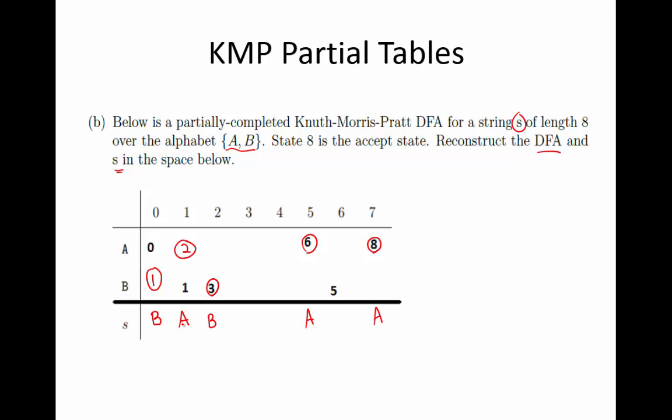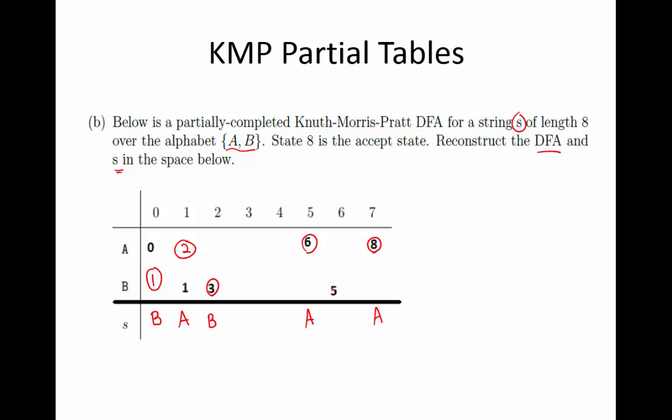Let's think about the other things that we know of. In this case, if you're in state 6 and you see a B, you're going to be going to state 5.